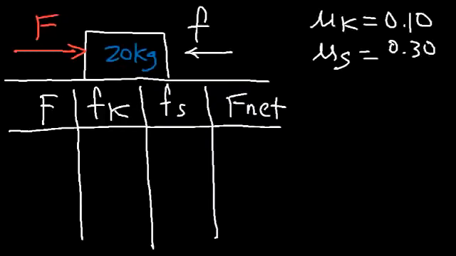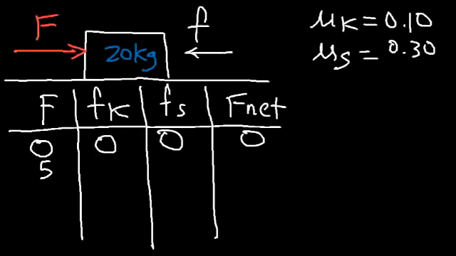What is the kinetic friction and static friction if we apply a force of 0? If you don't apply any force, there's not going to be any friction or static friction, so the net force is 0.